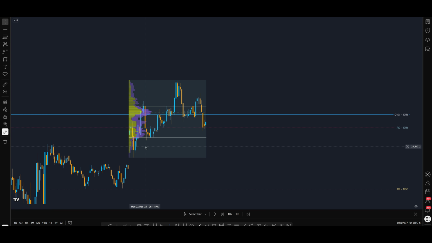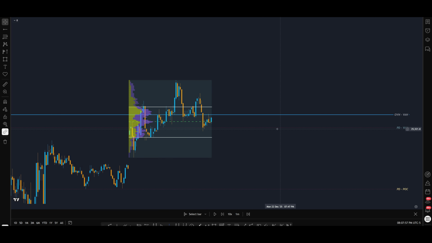So remember, guys, you got to be in and out, in and out. Let's let it develop. And you don't have to use the developing profile levels if you don't want to. You can just remove those and trade according to what levels you see here. It's up to you guys.